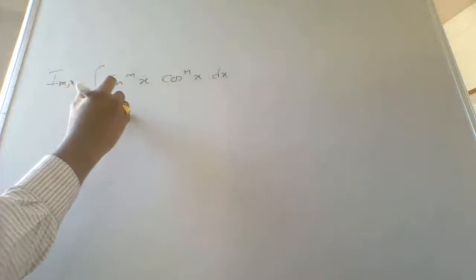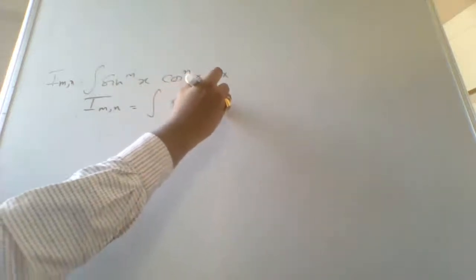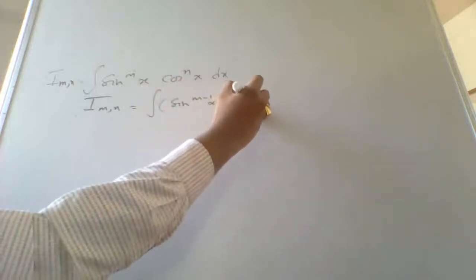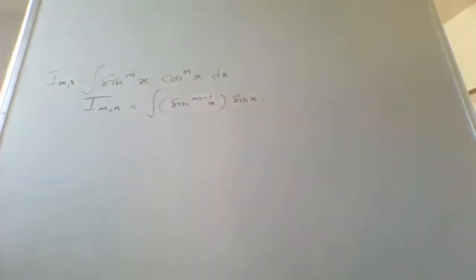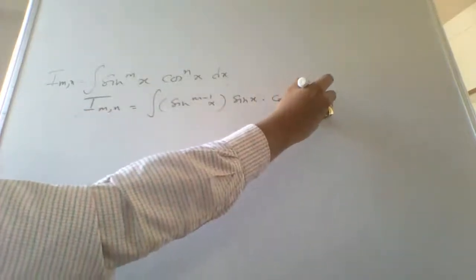Now let us continue solving this problem here. Now I m comma n is equal to integral sine to the power of m minus 1 x into sine x and cos to the power of n x dx.